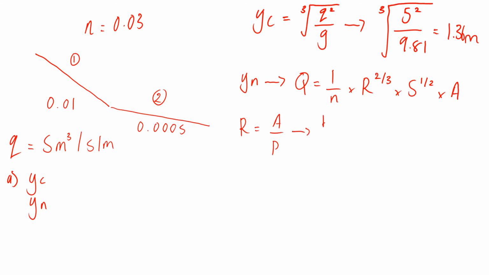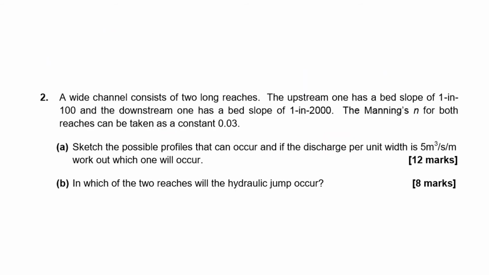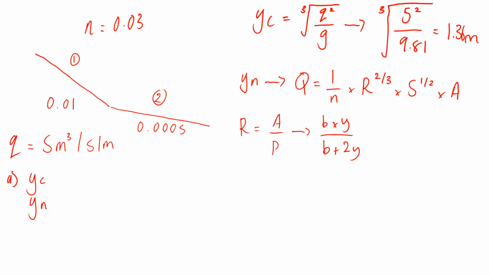That equals B times y over B plus 2y. So you've got y at the top and y at the bottom, so it's difficult to rearrange this equation for y. However, in the question it states it's a wide channel. When you get a wide channel, you need to remember R is equal to y. That simplifies the problem for us.